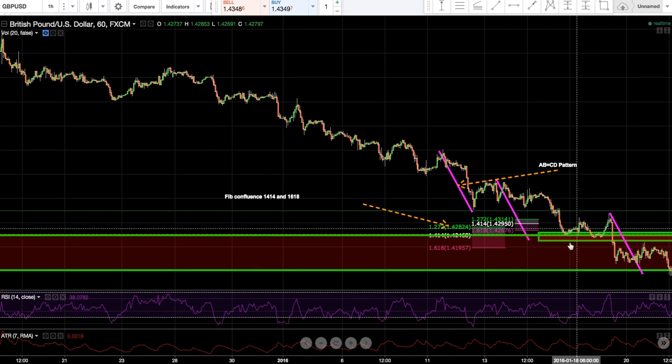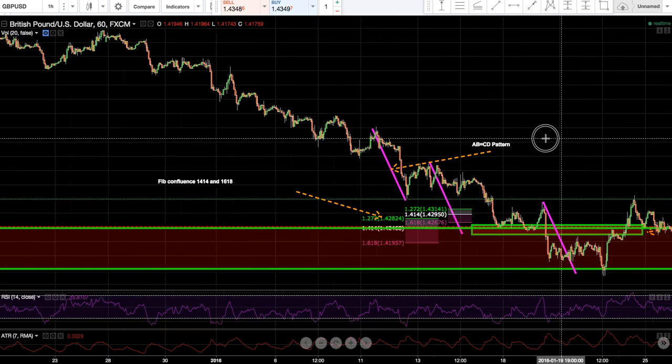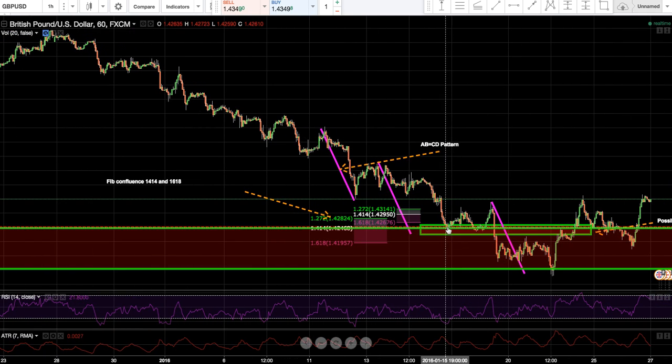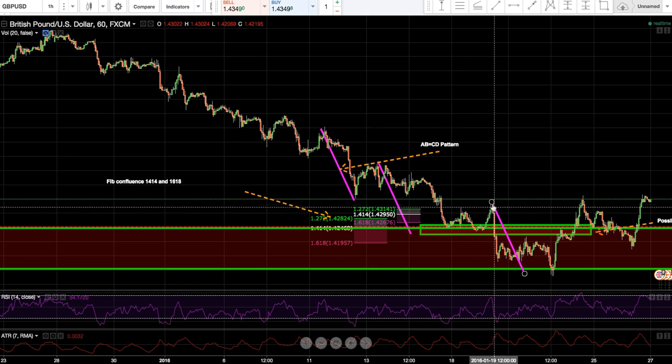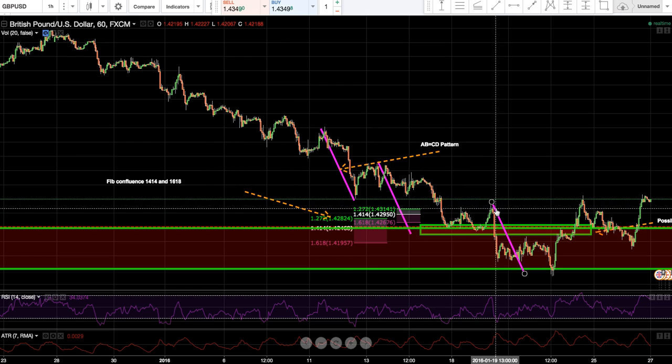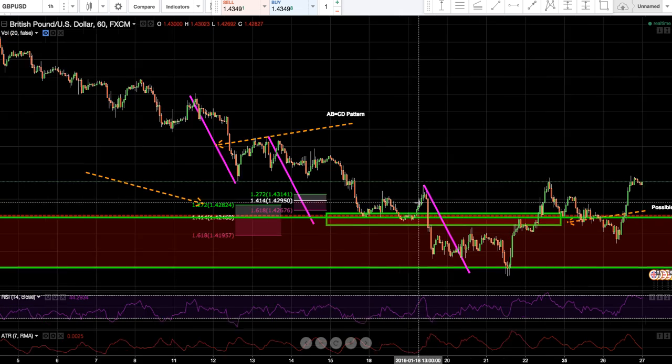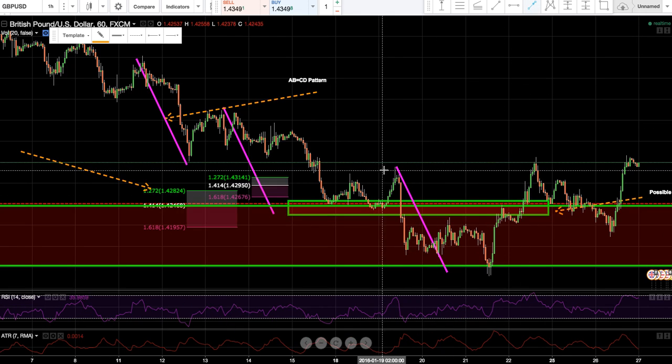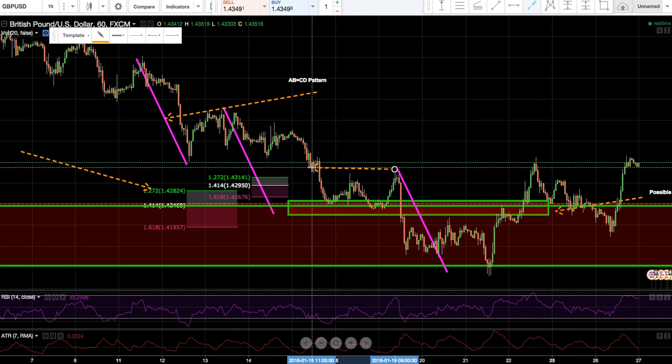That's the smaller green box, right? And as you can see, the market went into that box, put in a small reversal, and went straight into this structure right here.